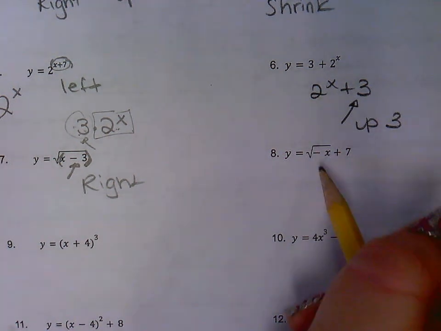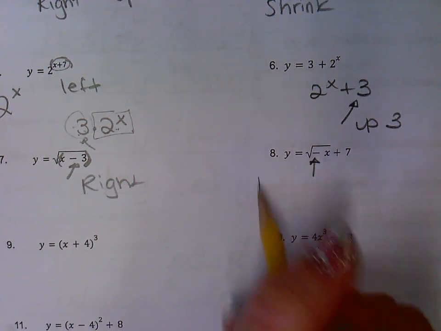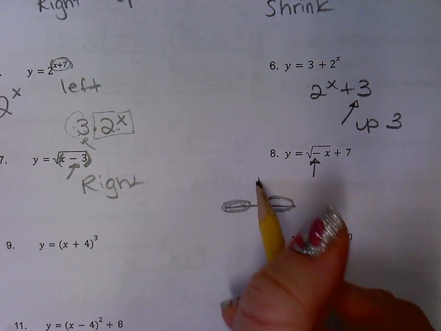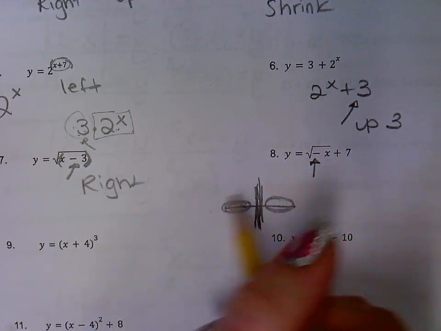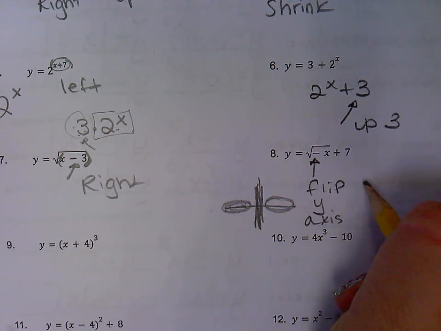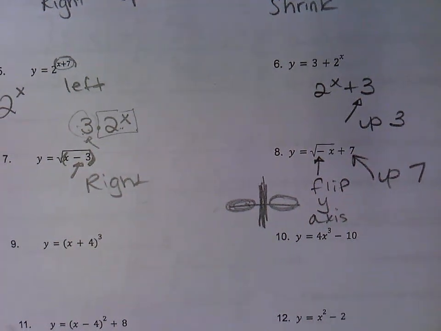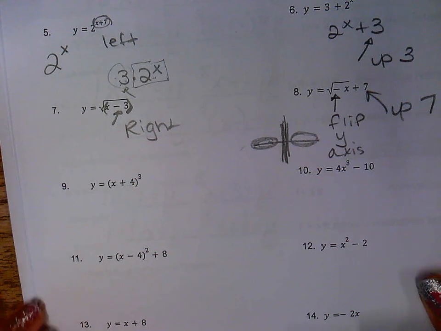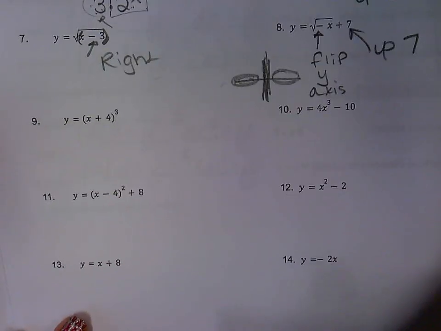This is a flip. So if I think about it, I'm going to take all my x's and make them negative. I just rotated around the y-axis, right? So this is a flip over the y-axis, and this would be up 7. At least if you didn't do it, while I'm going over it, does it make sense in your head where I'm getting these answers from?